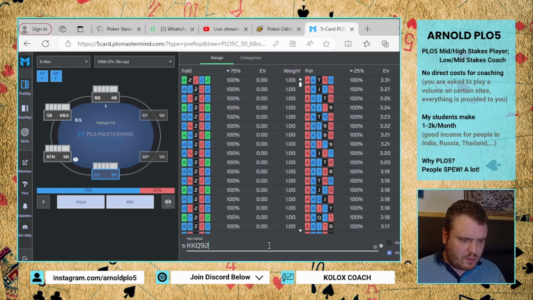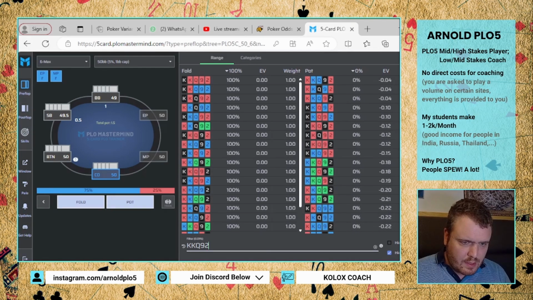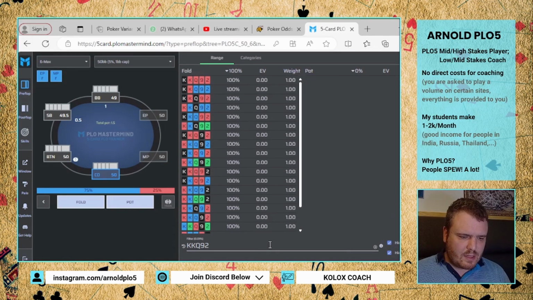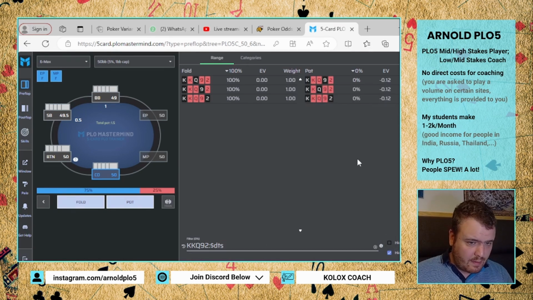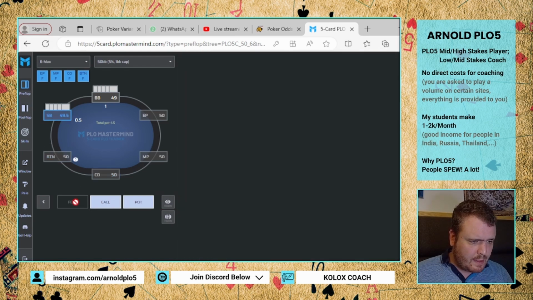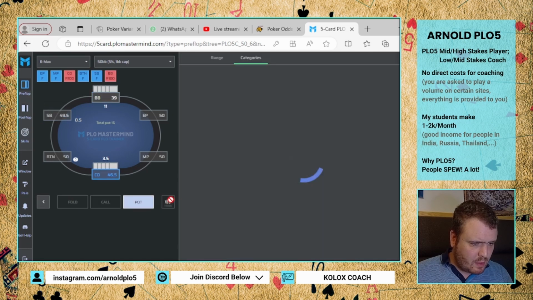Queen 9 deuce. So hide 0% combos, and there are 0% of it that are played, and I have it double triple suited, and I lost 0.12 big blinds. Okay, let's say I open raise it, and the big blind goes over the top.